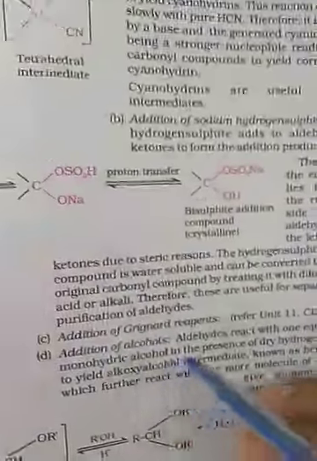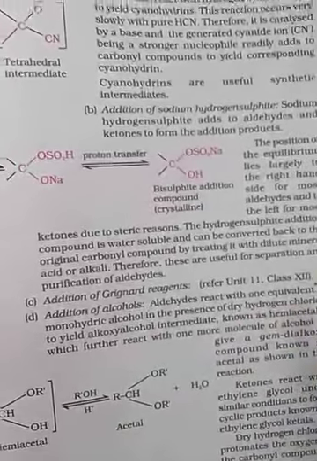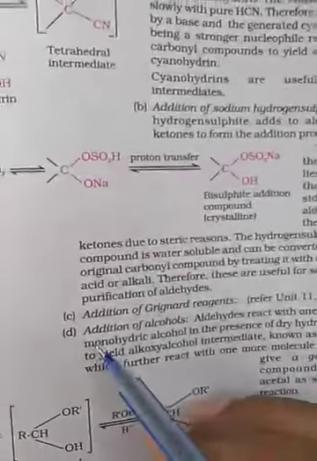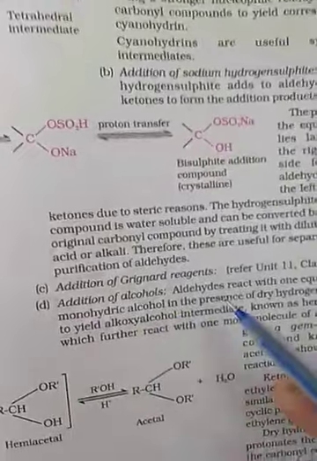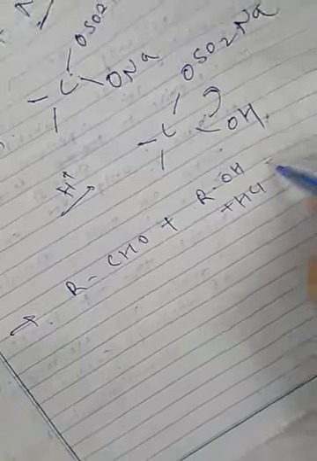Now see, addition of Grignard reagents you will study in unit 11 in the alcohol chapters. Aldehyde chapter you did only. Now the fourth, addition of alcohols. Aldehydes react with one equivalent of alcohol. See, here I am showing you with an example. RCHO aldehyde, and I am adding alcohol, any alcohol, with HCl gas. What will you get?